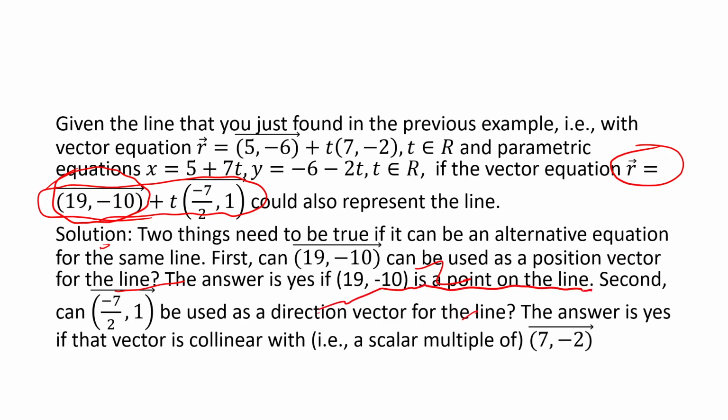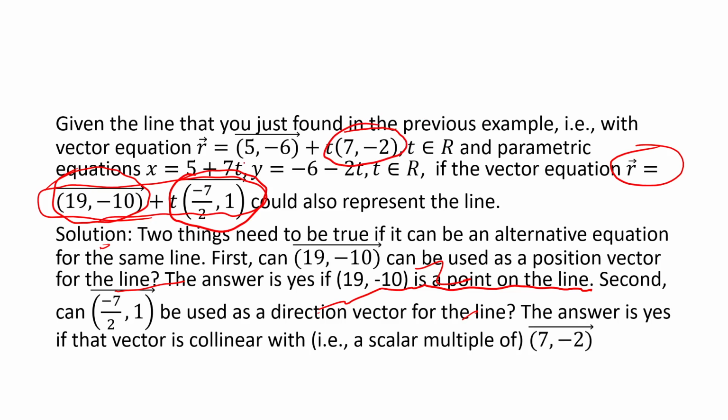If it is, then the vector 19, negative 10 could be used as a position vector. The second one is to say, if that's true, can negative 7/2, comma 1 be used as a direction vector instead of 7, negative 2? And the answer will be yes, if they are collinear.